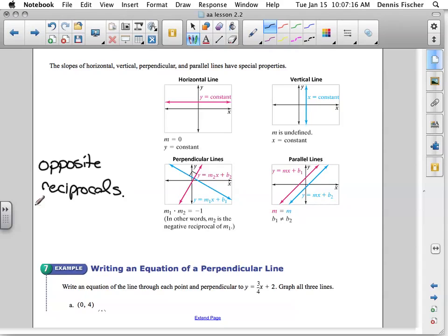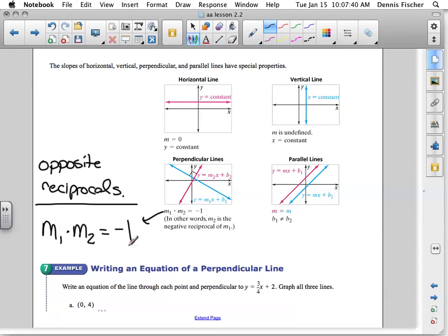Another definition for perpendicular is the one right here, which says, if I take the slopes of two lines and multiply them together, and it gives me a -1, they are perpendicular. If I give you two slopes and multiply them together, and they're -1, the lines are perpendicular.